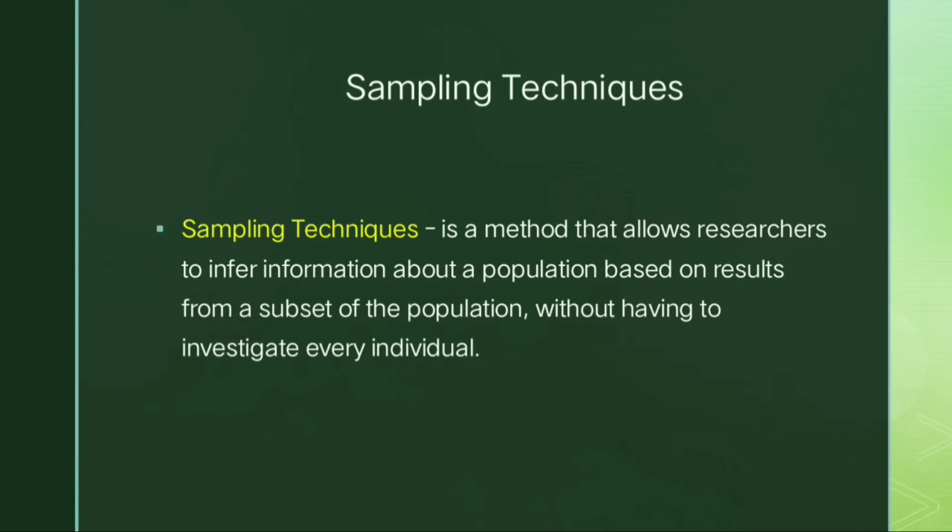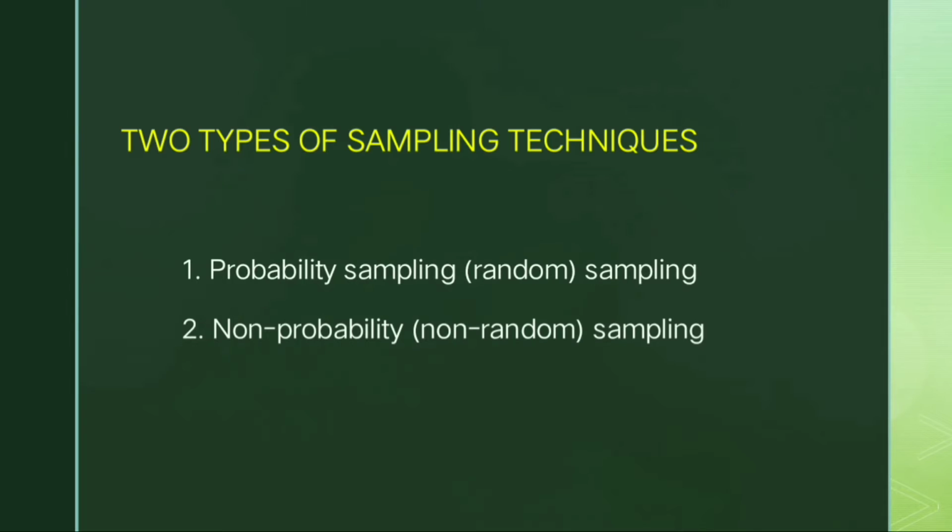So dito sa sampling techniques, we are talking about the method ng pagkuha ng sample sa ating populations. So we have two types of sampling techniques. Yun na nga yung probability sampling or random sampling, and non-probability sampling or non-random sampling.